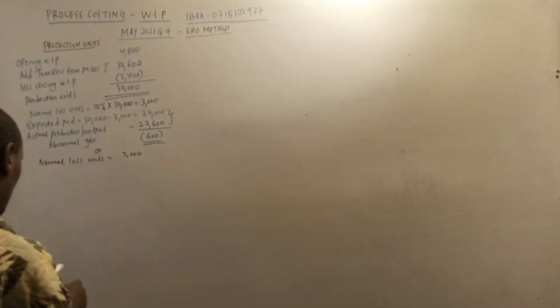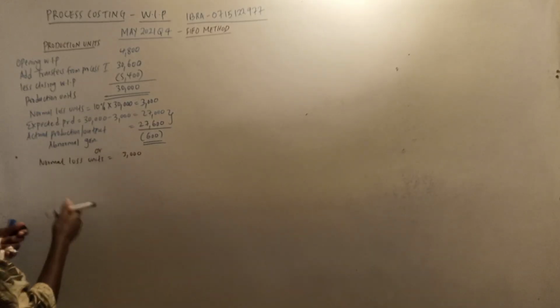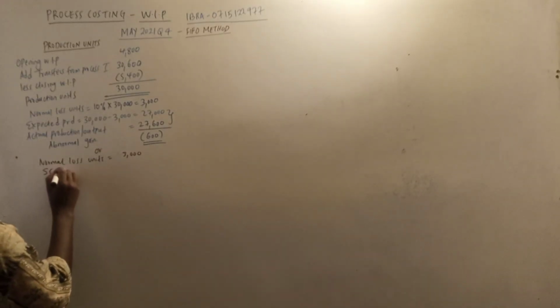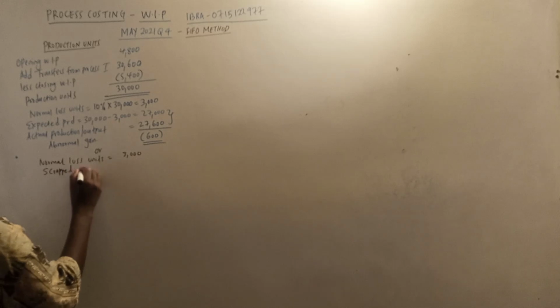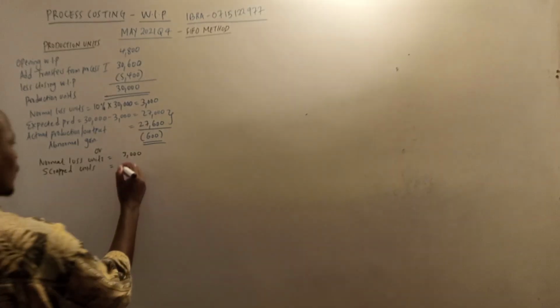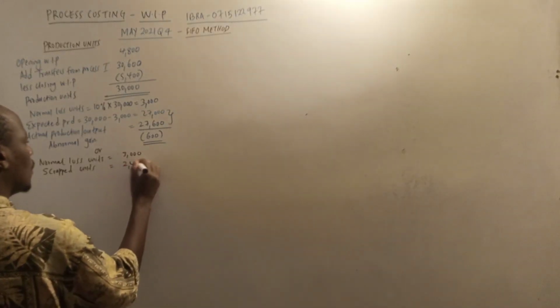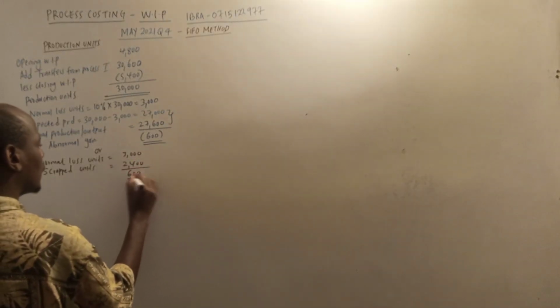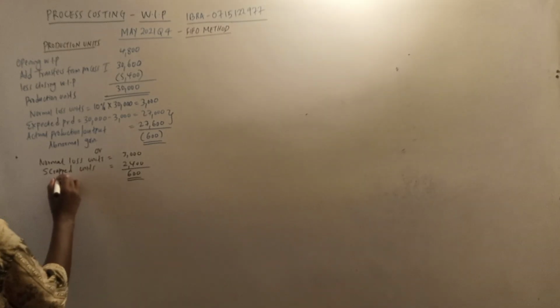That's another way to compute abnormal gain or loss. In our case, scrap units is information number 3, 2,400. Then the difference is 600, which gives you abnormal gain.